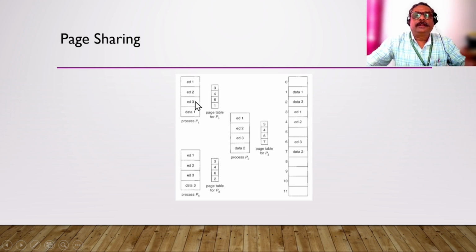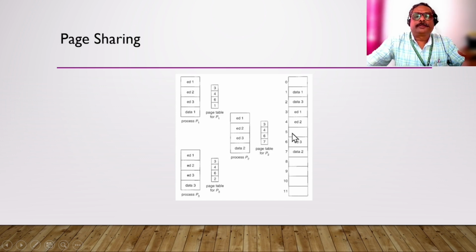So accordingly, if we match the page table, editor 1 is in frame 3, editor 2 is in frame 4, editor 3 is in frame 6, and data 1 is in frame 1. That is for process 1. For process 2, editor 1 is in frame 3, editor 2 is in frame 4, editor 3 is in frame 6, and data 2 is in frame 7.